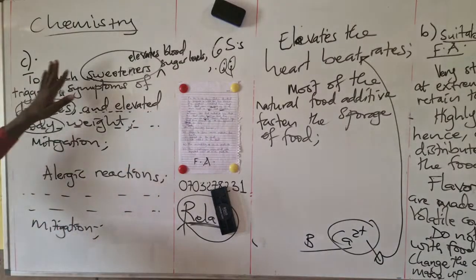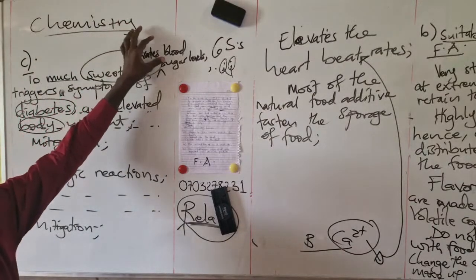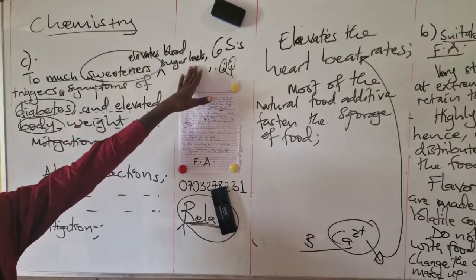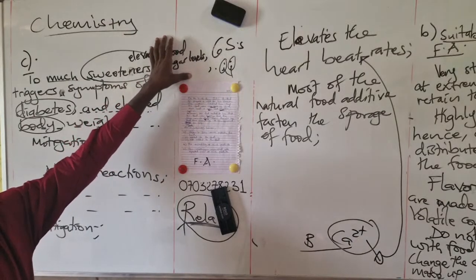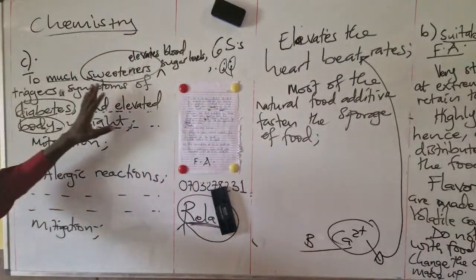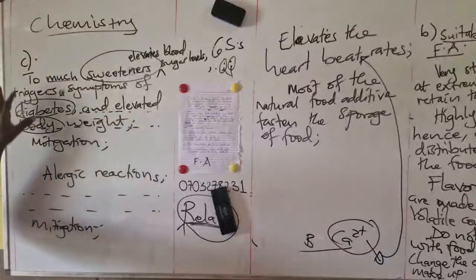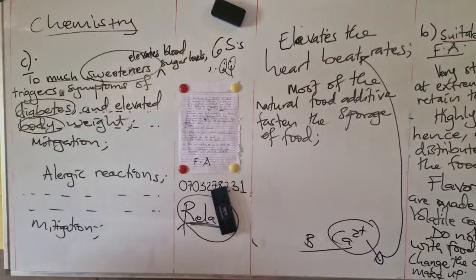So the too much sugar, the too much sweeteners in food, the effect they bring to the body is elevating blood sugar levels. And the impact of increased blood sugar levels is triggering symptoms of diabetes and sometimes elevating body weight or leading to obesity. So I think we should note that point that way. And then allergic reactions, talk about the effects and mitigations, and then elevated heartbeat rate.